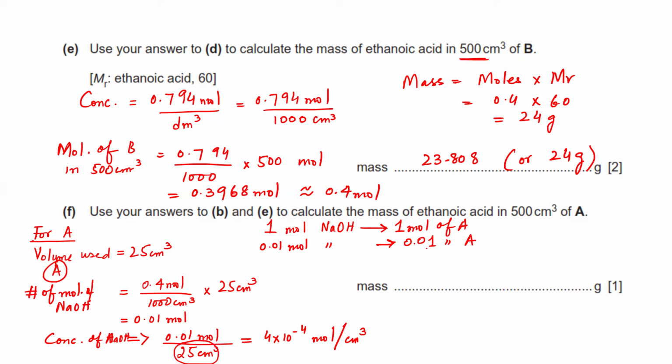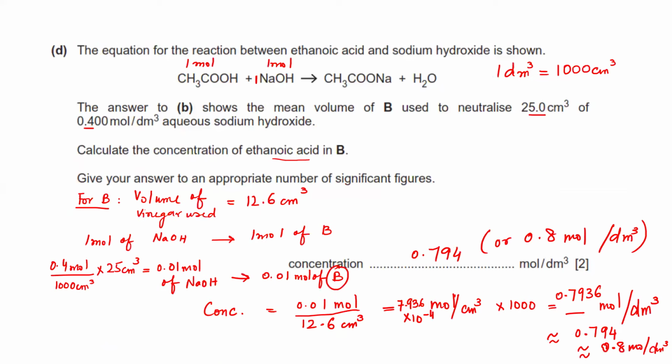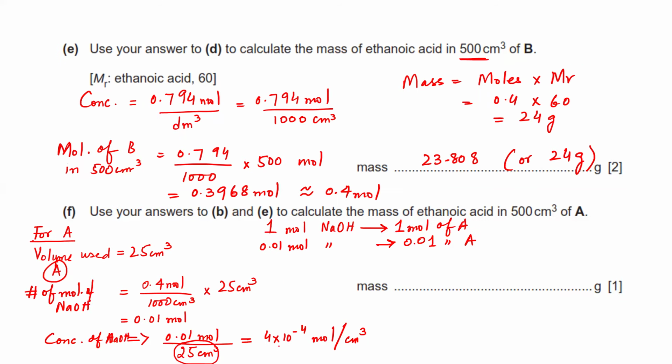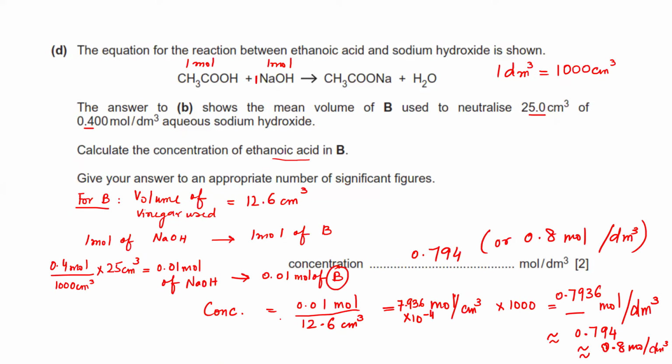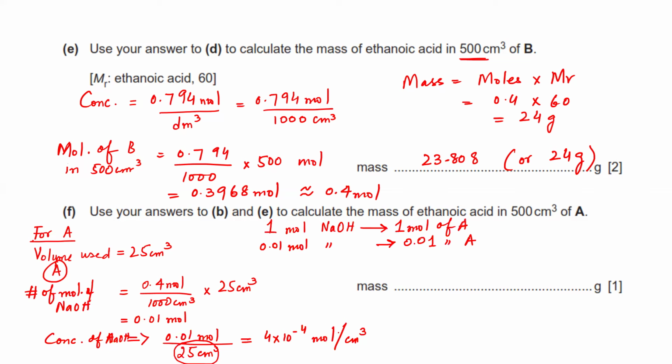So we have calculated the number of moles, and from our moles and volume used, this becomes our concentration. This is the concentration of A, or the vinegar that is used.